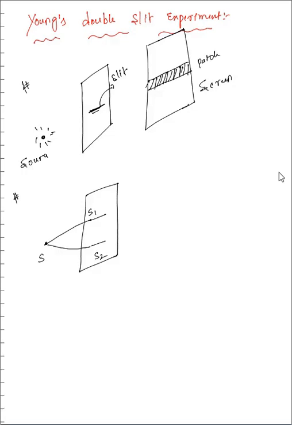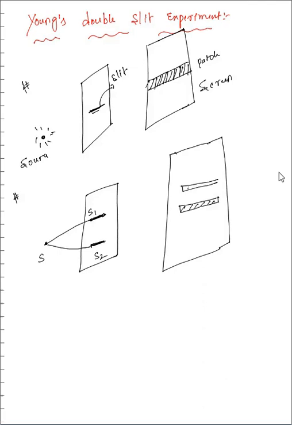But if I take two slits, on the screen how many bright patches or dark patches will happen? We have to observe this. This is the screen. In the center, one bright patch occurs. After that one dark, again bright, again dark, again bright.